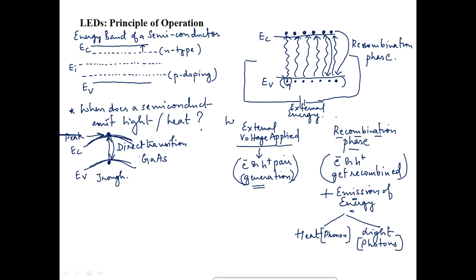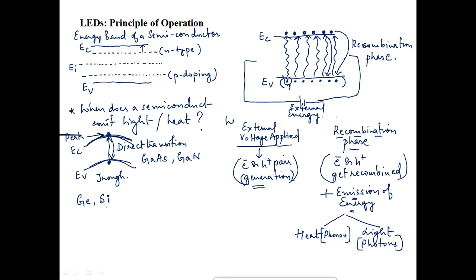This compound semiconductor possesses a direct band gap by virtue of its nature itself. Similarly, there are some more compound semiconductors like gallium nitride. All these possess a direct band gap, whereas some other semiconductors like germanium and silicon, which is the most abundantly available material.